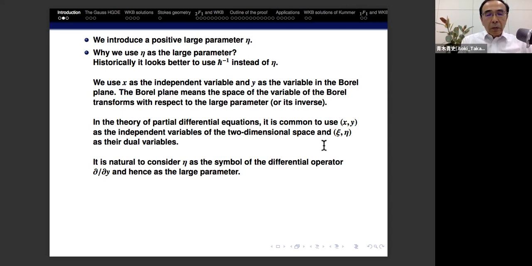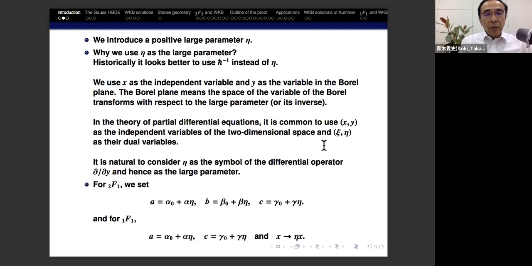And we introduce the large parameter in the parameters of the hypergeometric function or confluent hypergeometric function. That is, we set a to be alpha naught plus alpha eta, and so on.